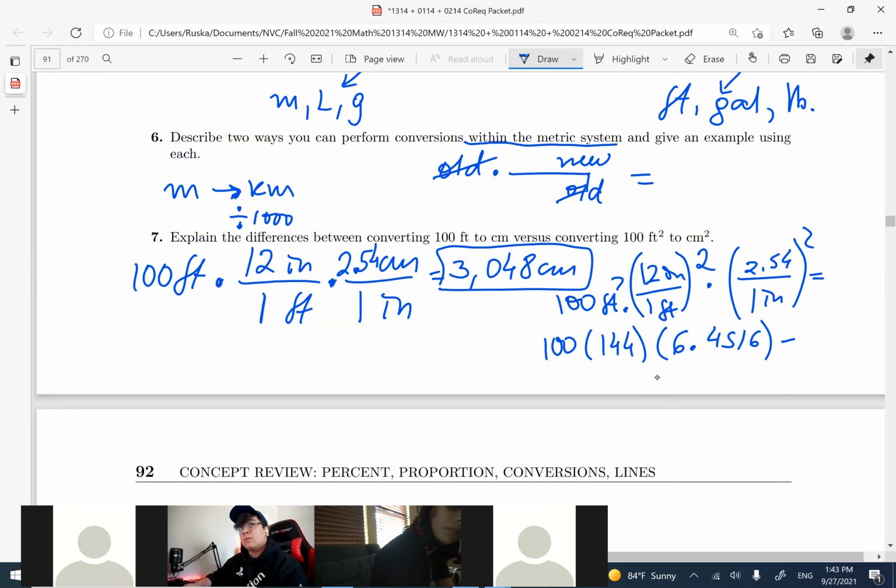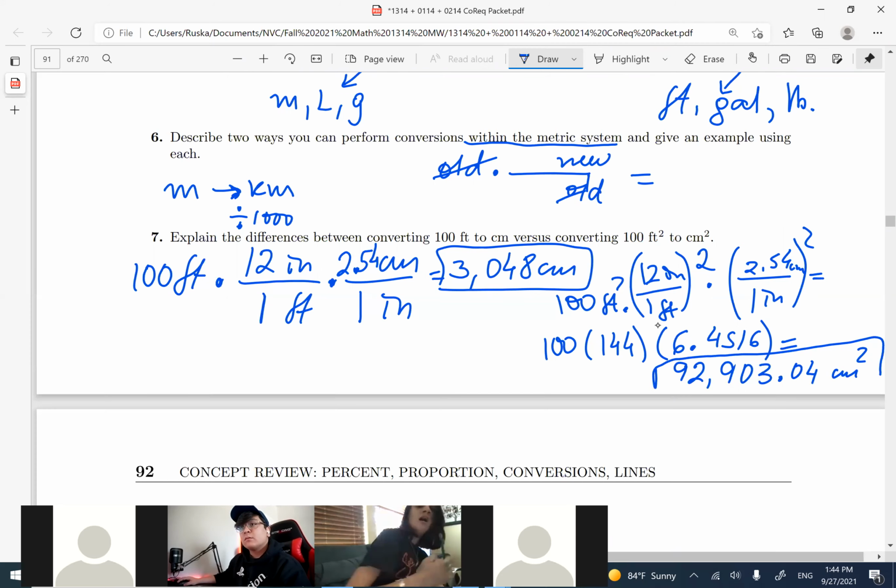And what you get is 92,903.4 square centimeters. Okay, so that's the difference.